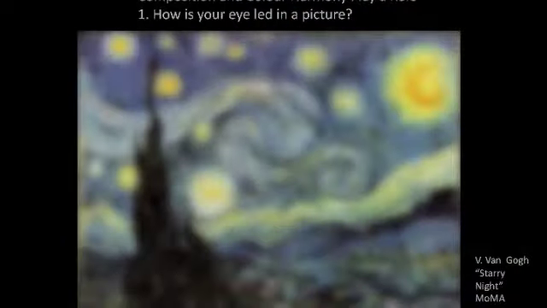For most people, what happens in most cultures is that your eye comes into the picture plane here in the bottom left-hand corner and goes straight out the top right-hand corner. Now, if your eye does that, the brain goes, been there, done that, won't look at it again. Okay? So what you want to do is trap the eye inside of the picture plane.